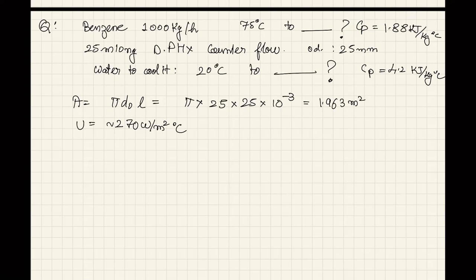Okay, great. So now we want to counter check, solving this problem using the epsilon-NTU method. The first step, as discussed, is to calculate mCp for the cold stream and mCp for the hot stream.